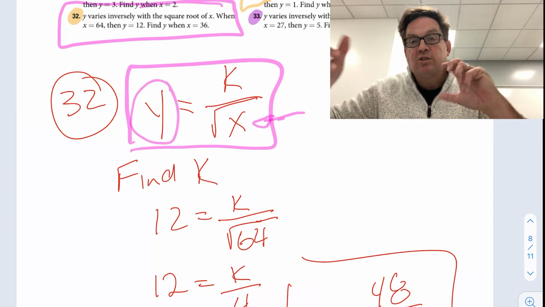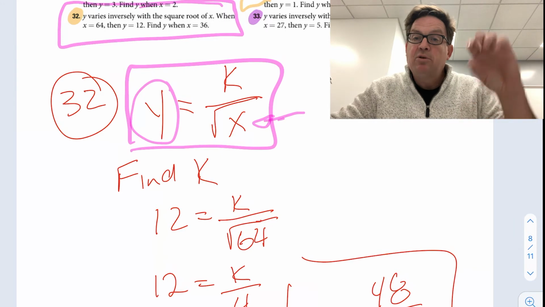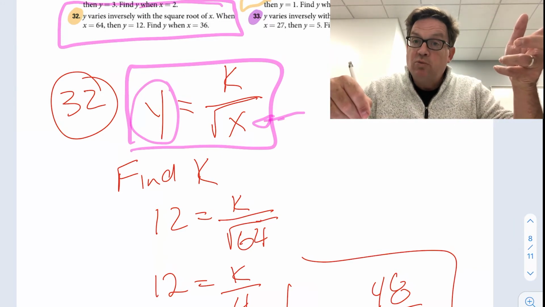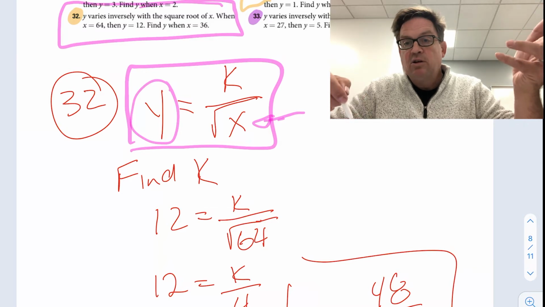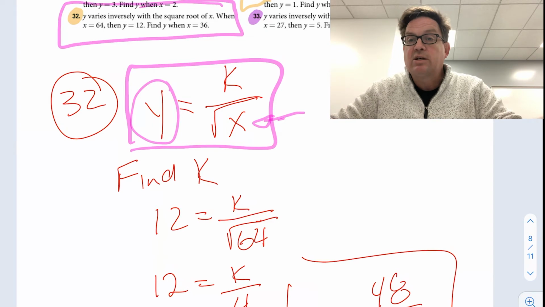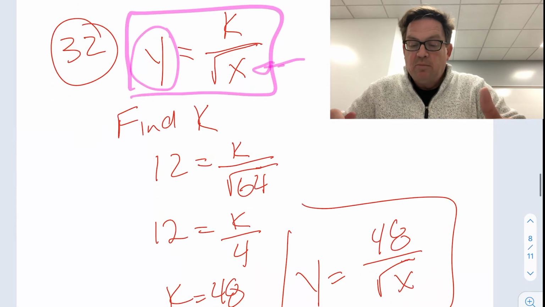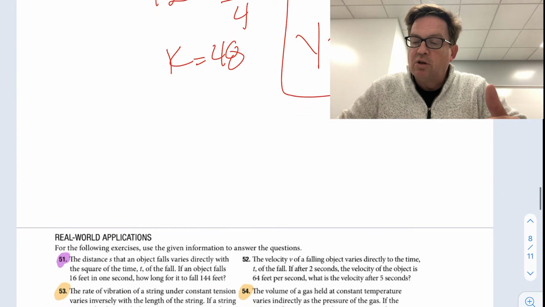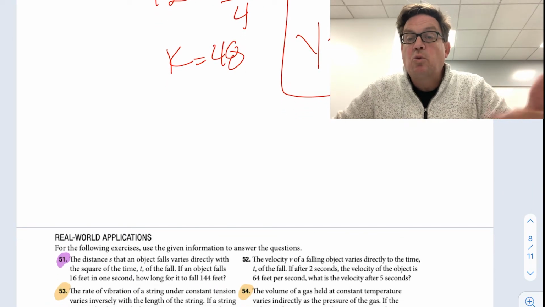If it varies inversely and you plug in a bigger number, you're going to get out a smaller output. Here it's the square root of x. It could vary inversely as x, or as the square of x, or as the square root of x, or whatever power you want. But again, that tells you how to set up a formula and lets you solve for the constant of proportionality.